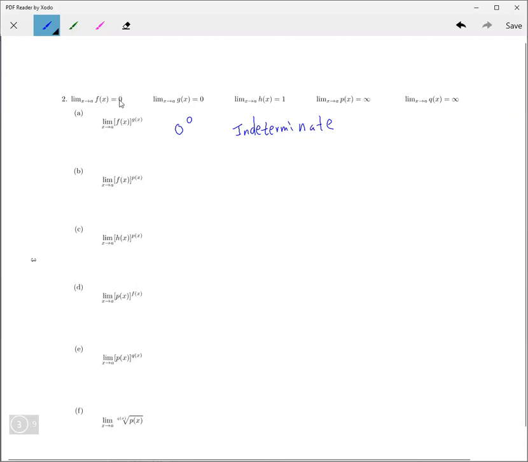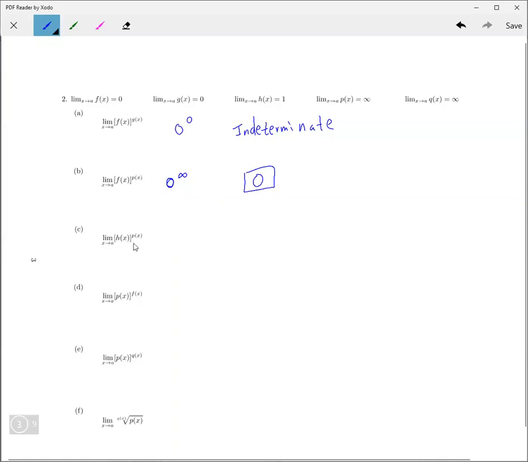Here we have f of x going to 0, and p of x is going to infinity. If you take a number that's really small and you raise it to a large power, like if you had 0.1 and raised it to the 10th power, that's going to be 0.000, a bunch of zeros and then a 1. So that's just getting smaller. That's just going to converge to 0.